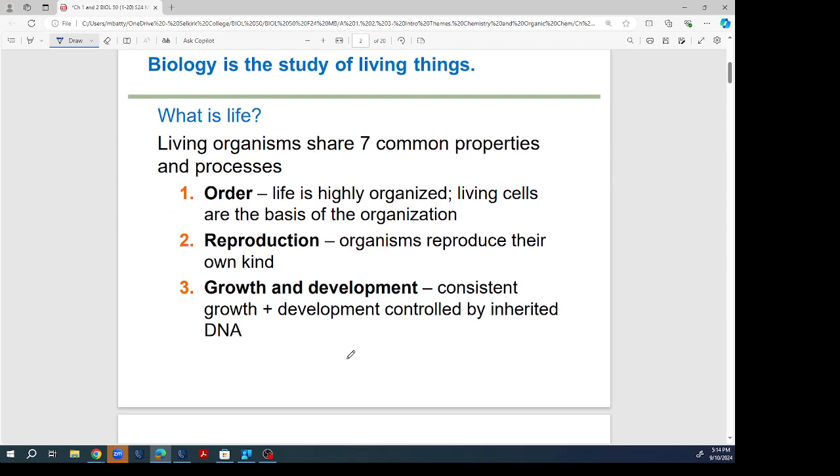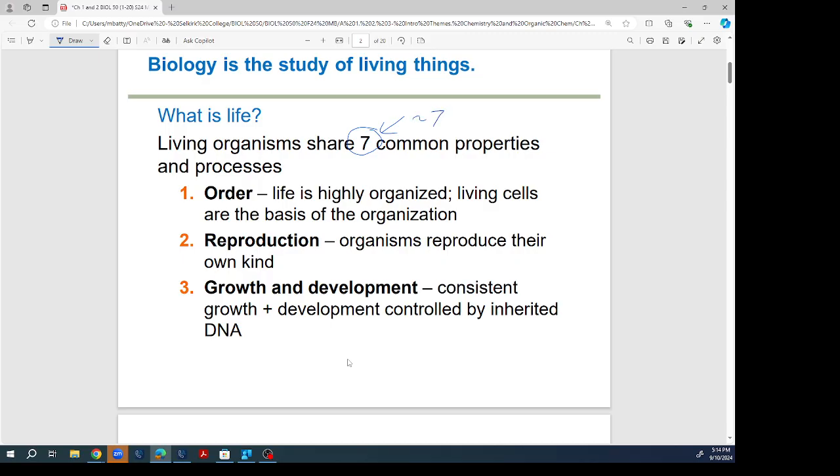Biology is the study of living things, so we should probably start off with deciding what it is to be alive. What is life? If that's what we're studying, what is it? There are a number of great YouTube videos out there, and your textbook and other resources don't even all agree. Our textbook says there are about 7 common properties.